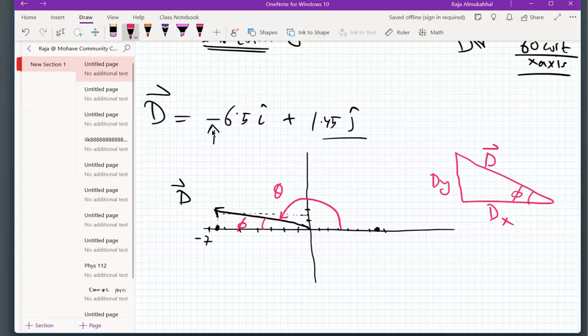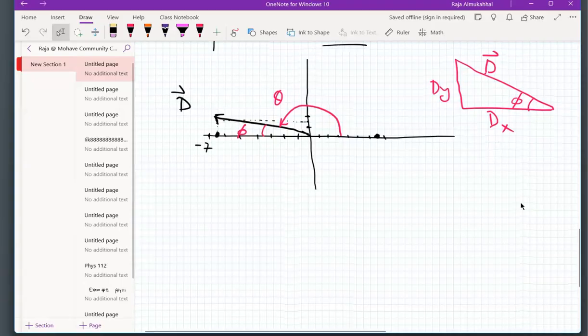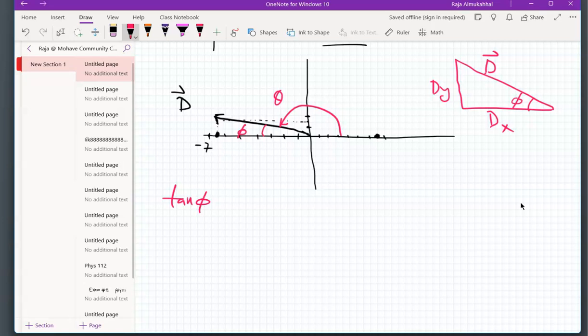Tangent is opposite over adjacent, so that means dy over dx. So tangent phi is dy over dx. Therefore, phi is the tan inverse of dy over dx. You see what I'm saying?